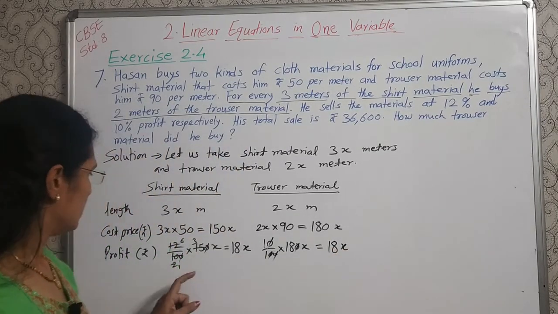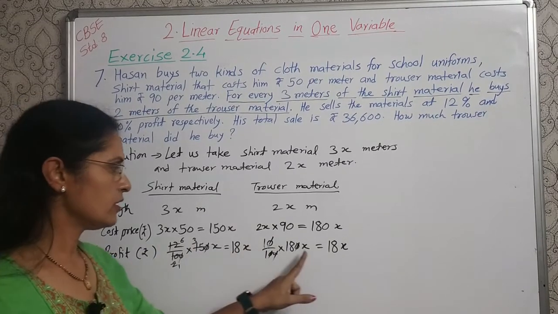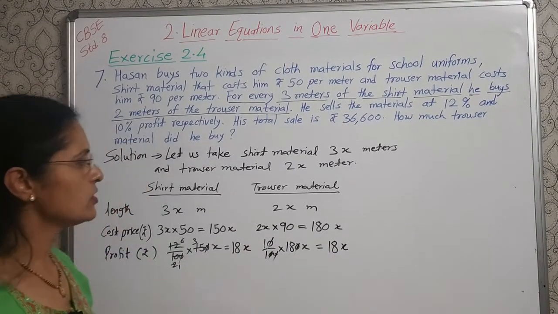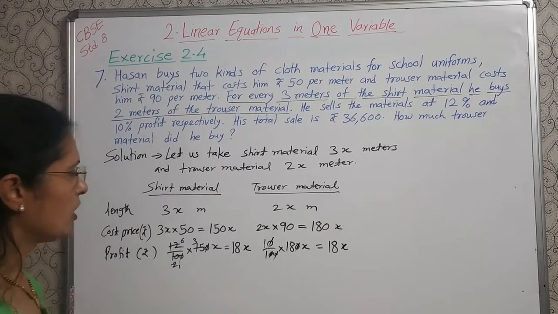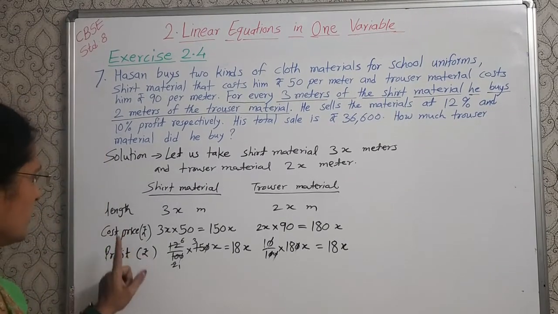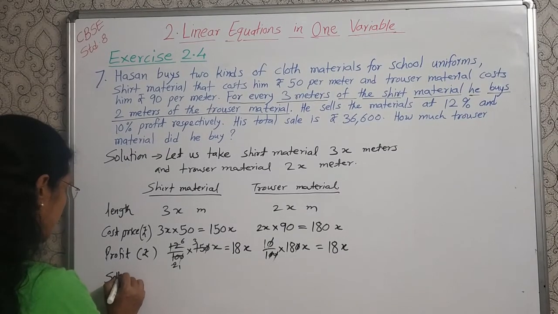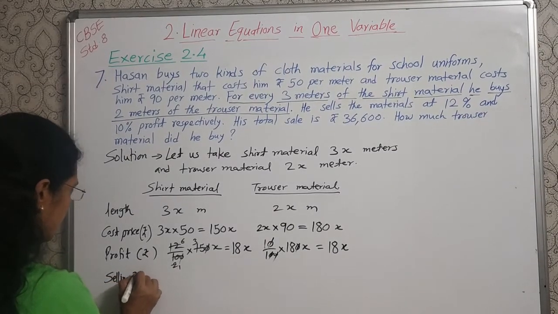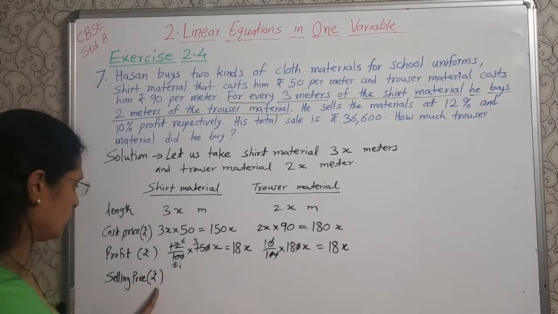18x. Now the profit is 18x, and here also the profit is 18x rupees. Now what is the selling price? How do we calculate selling price? Selling price is equal to cost price plus profit. So we will find out the selling price, that is SP, in rupees.